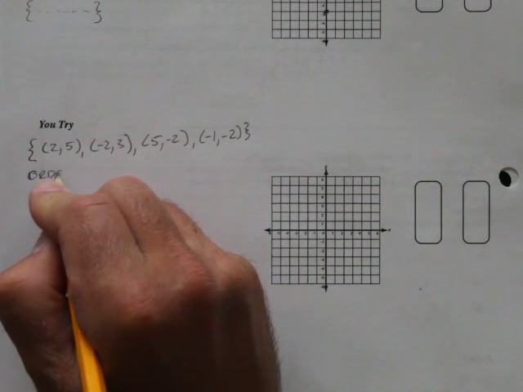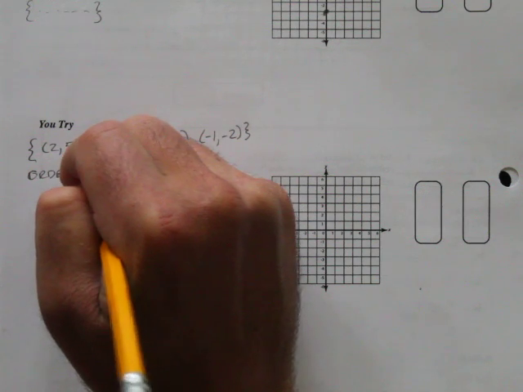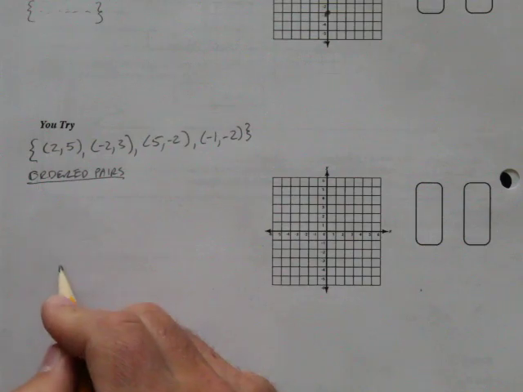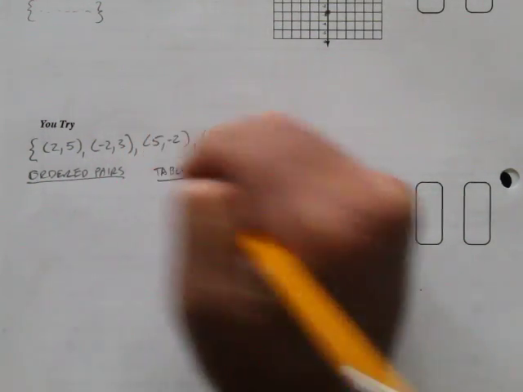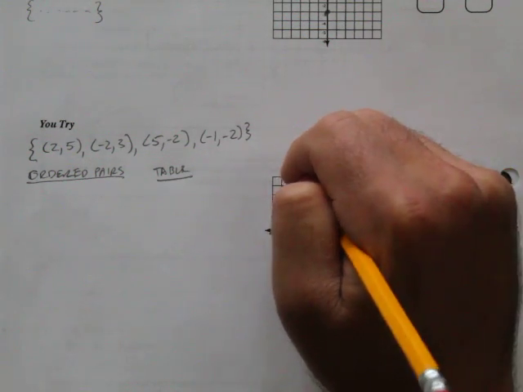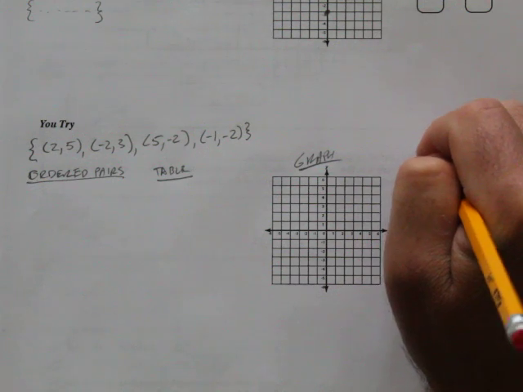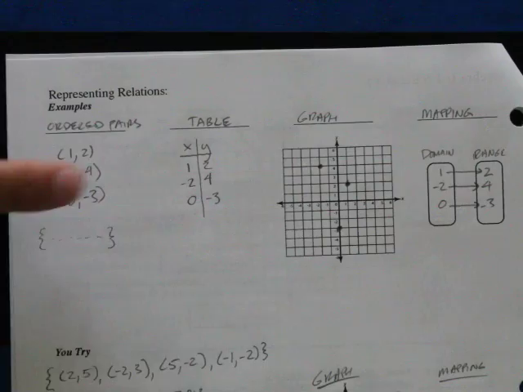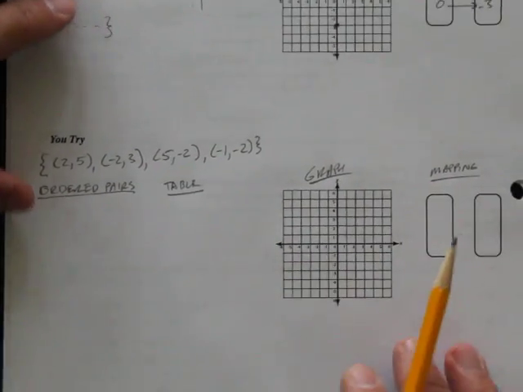You're going to represent this relation as ordered pairs, just below here, and as a table, and as a graph, and mapping. So follow the example that we just did and do the same kind of a deal down here.